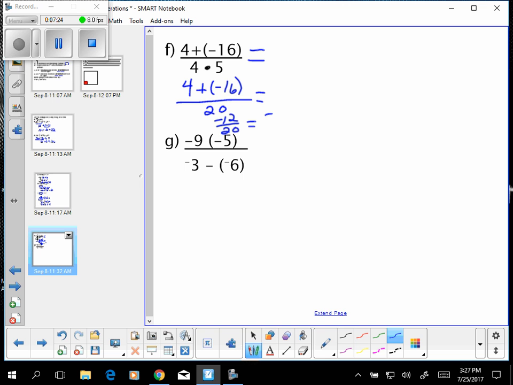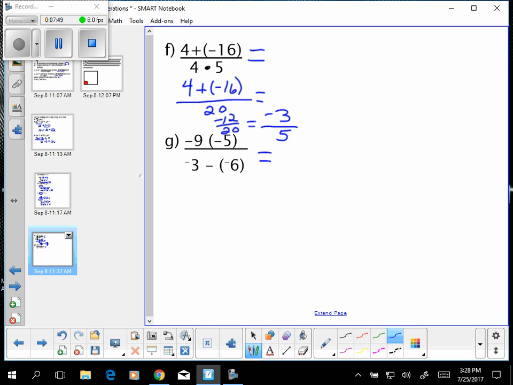Since both 12 and 20 can be divided by 4, I'm going to take negative 12 divided by 4 and get the 3, and then 20 divided by 4 to get 5, and my answer will be negative 3/5. Now, if you happen to do this one on a calculator, you'll get a decimal of negative 0.6.